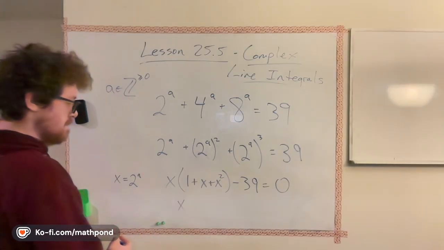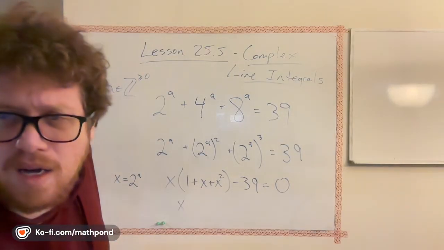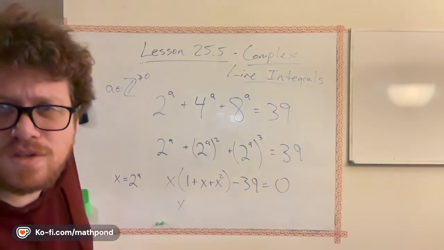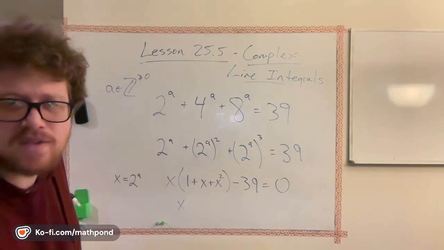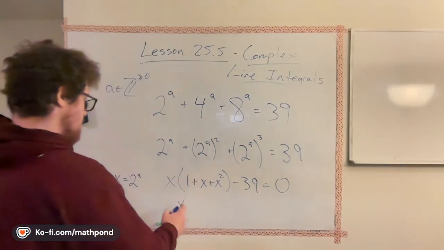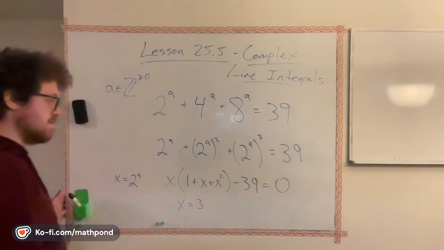Didn't you say there was only one real one? So 2 to the A is 3. So X is 3.